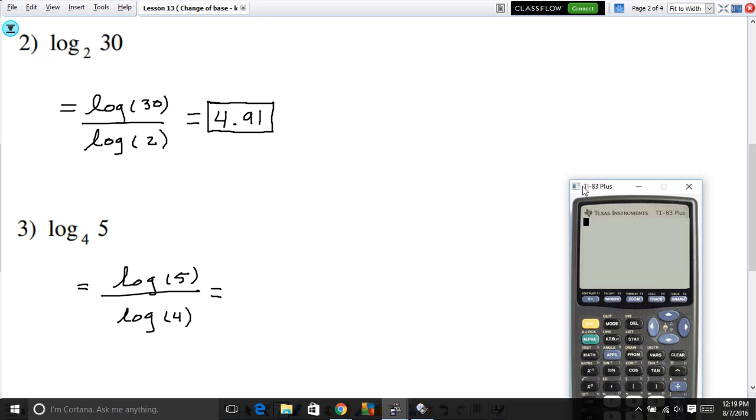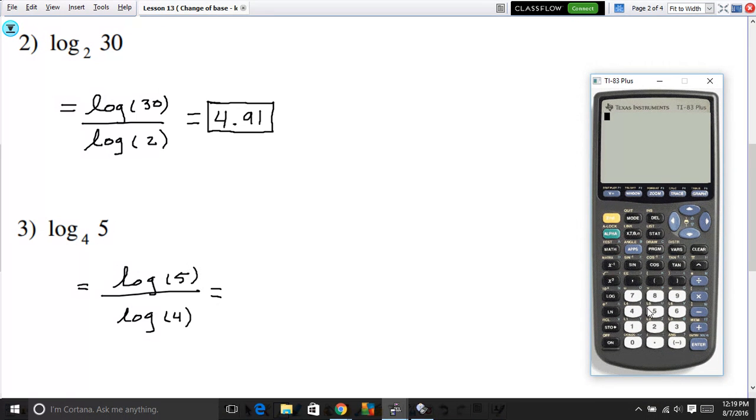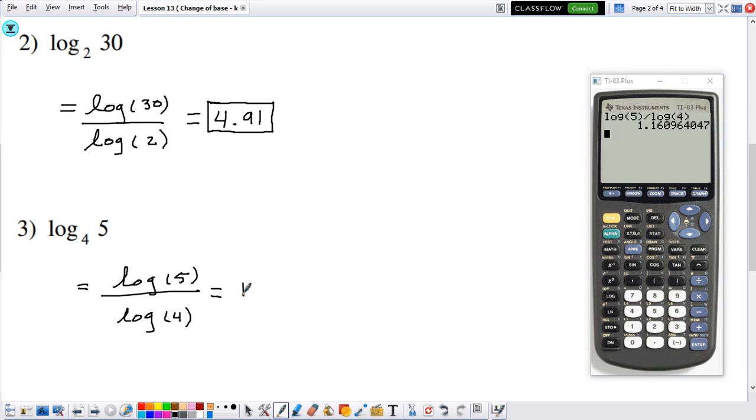So now that it's in base 10, we can just crunch the numbers. Log of 5 divided by log of 4. Now this is equal to 1.16. And that's pretty much it. This is how you use the change of base formula for logarithms.